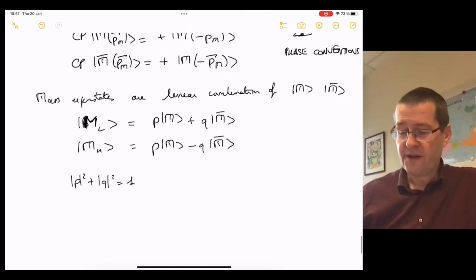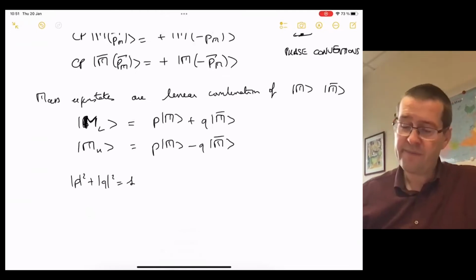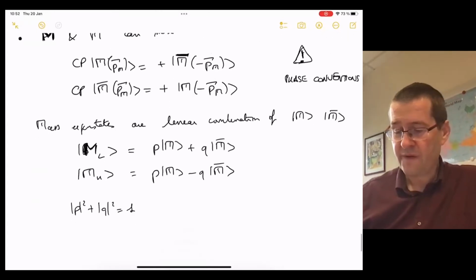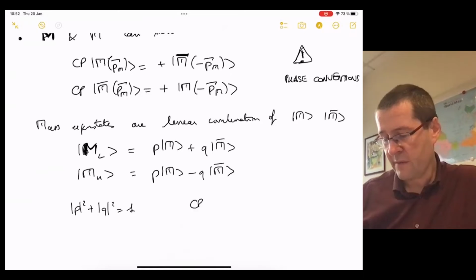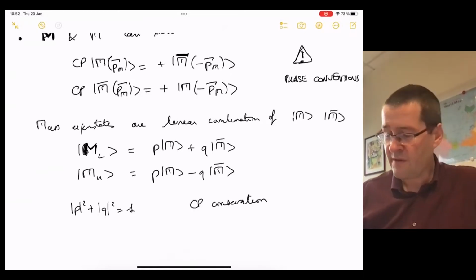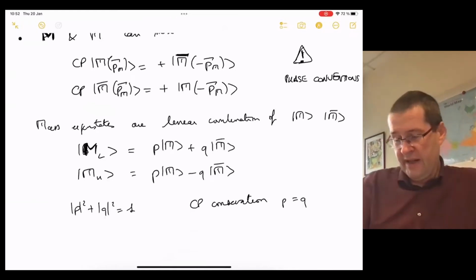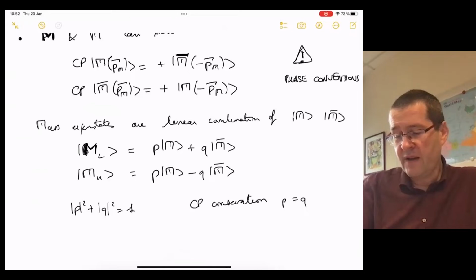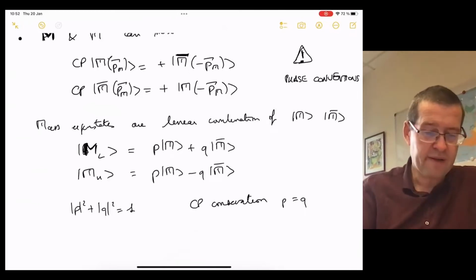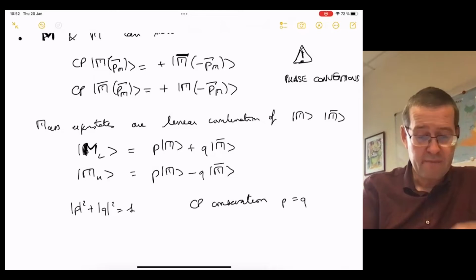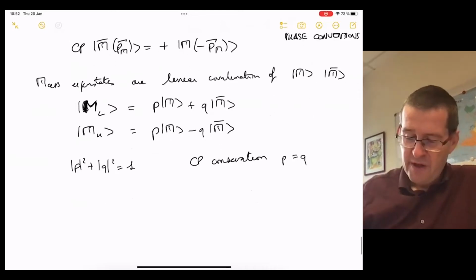The point is that in the case that you have CP conservation, then you will have the situation where P equals Q equals a half, and then you have a situation which is completely settled.